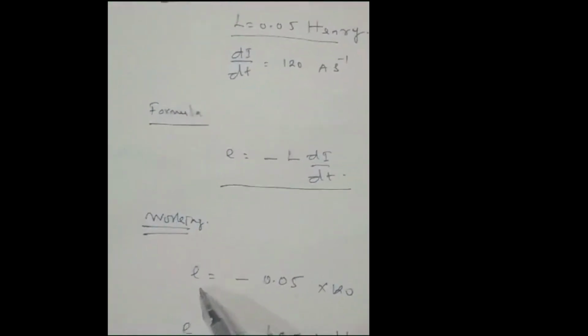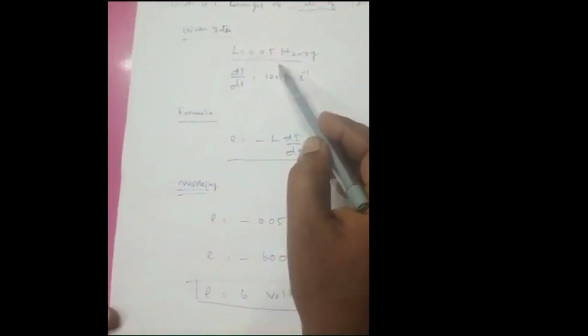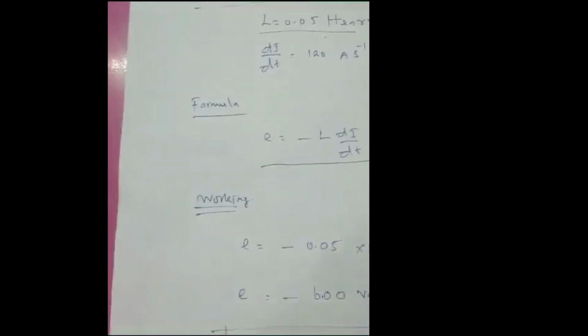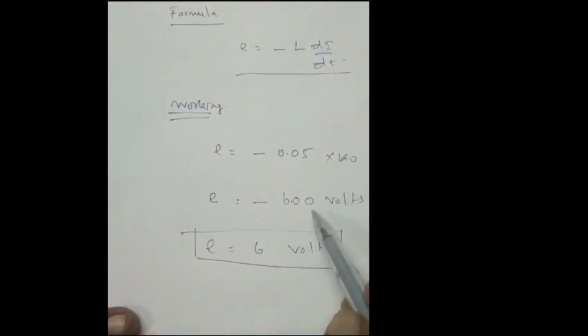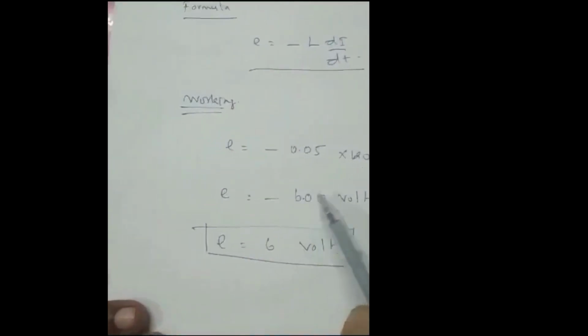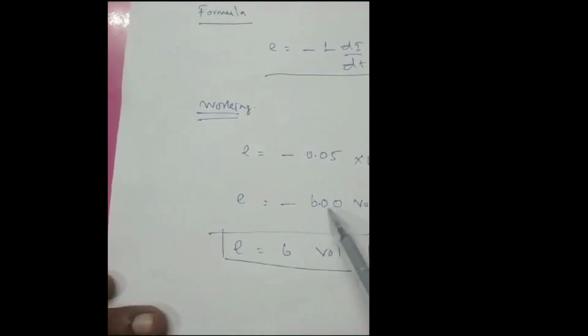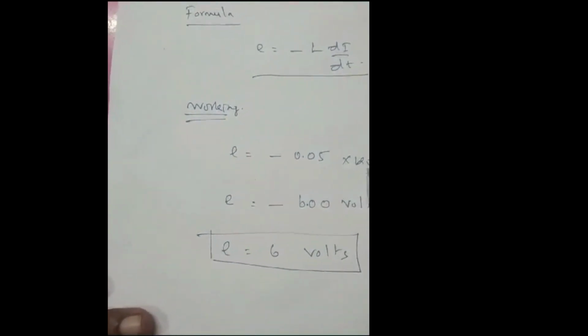Now we have E is equal to minus L di by dt. The coefficient of self-inductance is 0.05, and its rate is 120. I'll put it here. You find 5 twelves are 60, including the decimal.